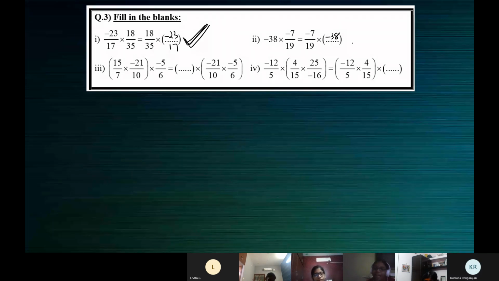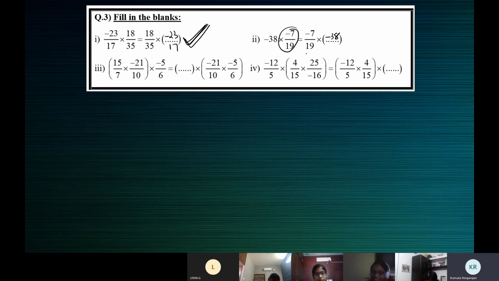Of what? Of natural numbers or integers? Ma'am, integer. No. Minus 7 by 19 is not an integer. Ma'am, it is a rational number, p by q form.